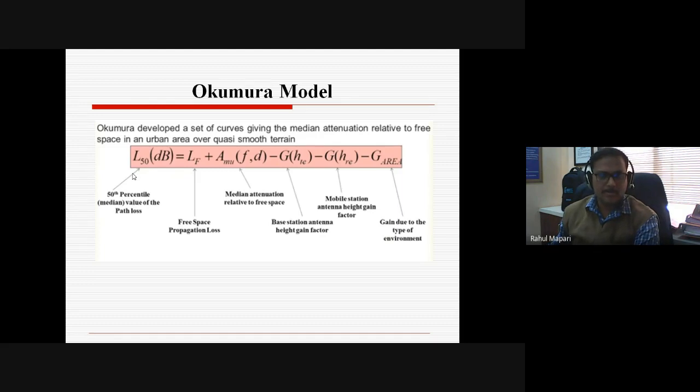The path loss in the Okumura model, L50, is equal to LF plus AMU of F and D minus GHTE minus GHRE minus G area.